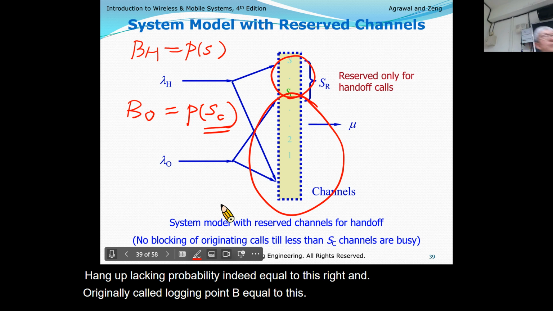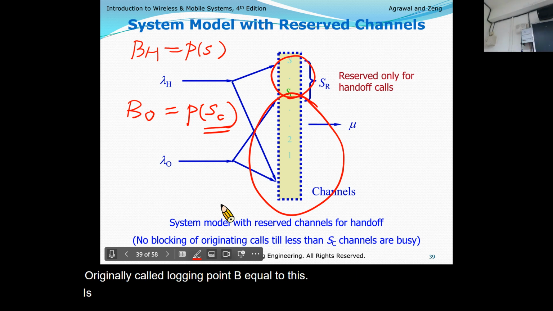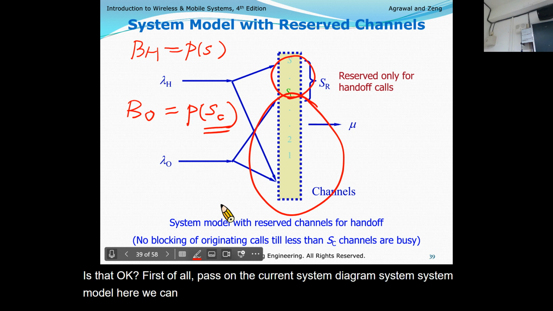Based on the current system model here, we can have different values for the handoff code and the originating code blocking.